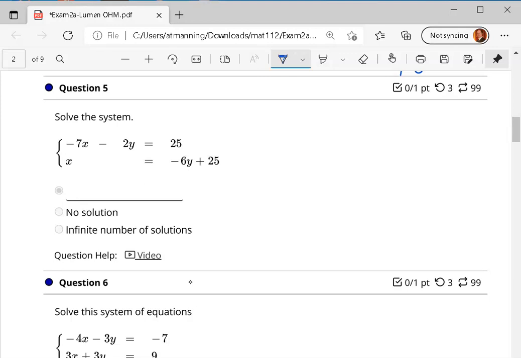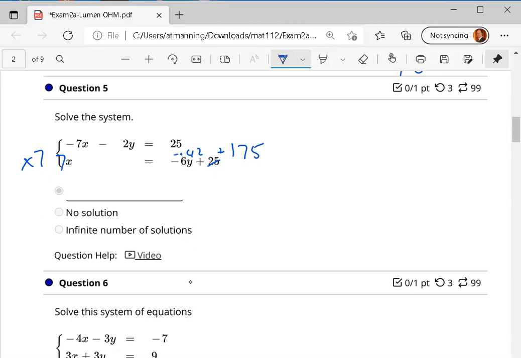Let's multiply this one times 7. So that becomes 7x. This becomes minus 42y. And 7 times 25 is 175. 4 times 25 is 100. 25, 50, 75. So plus 175.